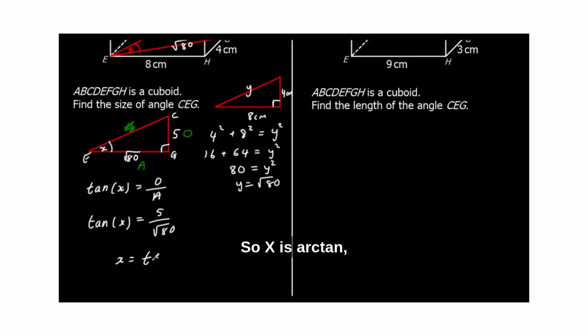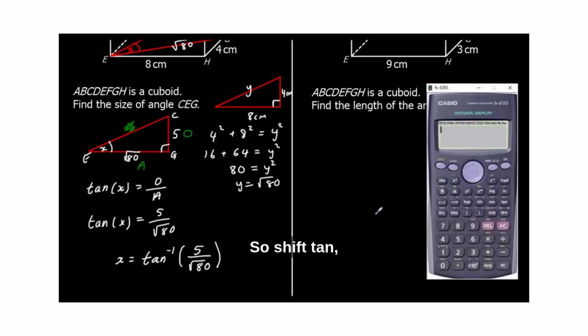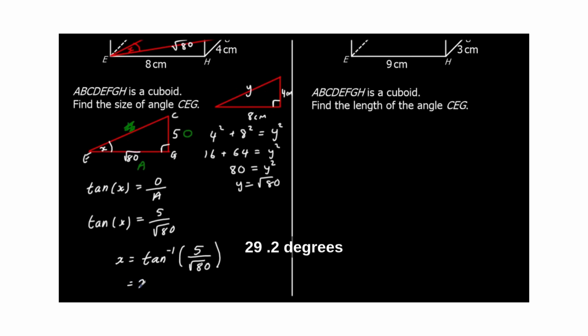So x is arctan, shift tan, 5 over the square root of 80. And we get 29.2. And it's in degrees. 29.2 degrees to 1 decimal place.